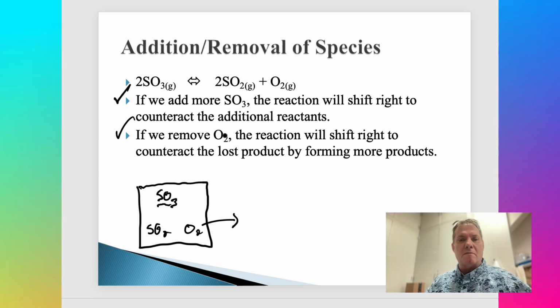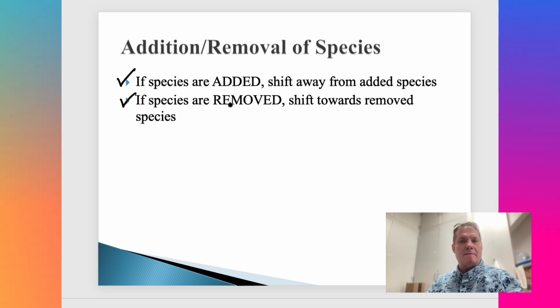If we were to remove oxygen, it would also shift to the right to make up for the oxygen we removed. So adding a species shifts away from the added species. Removing a species shifts towards that side.